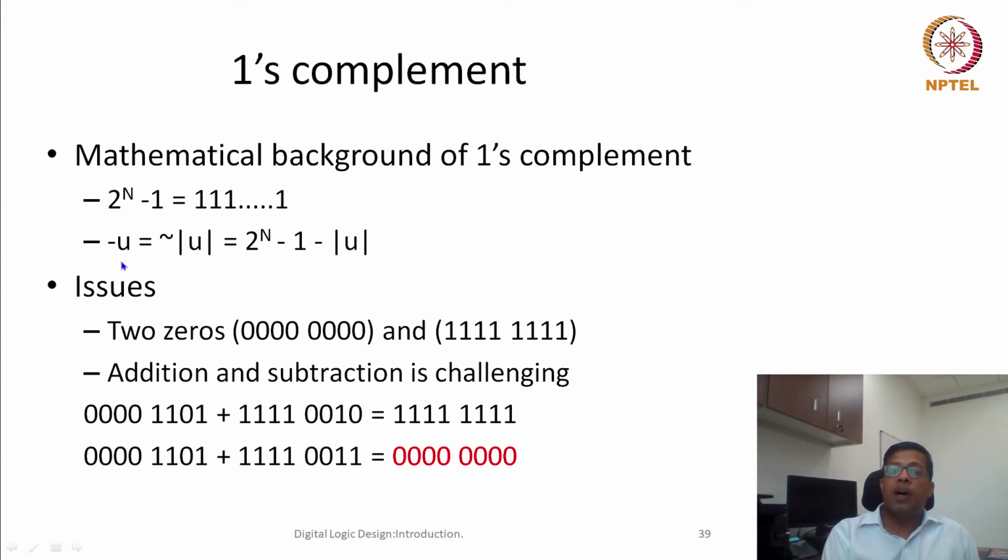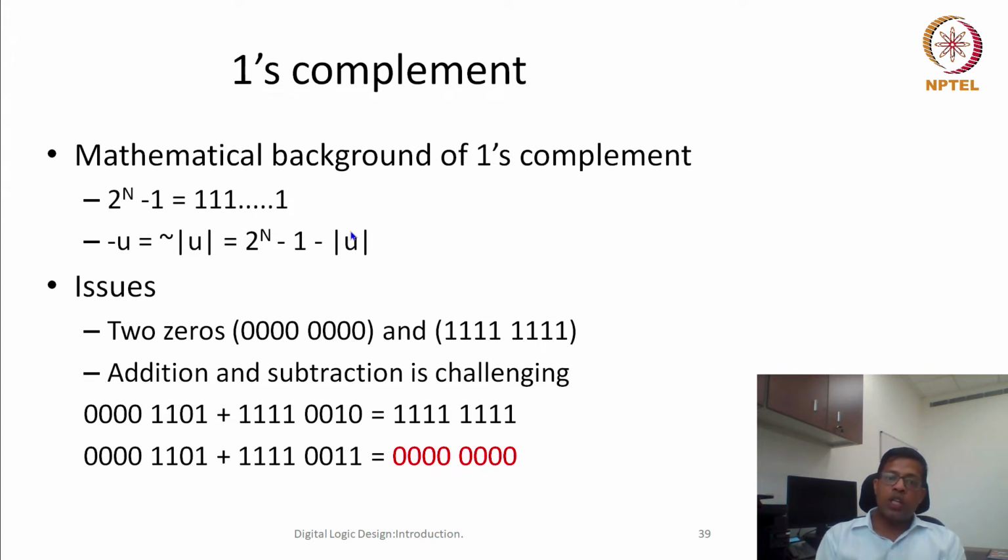And if I want to get a negative number, what I am essentially doing, inverting all the bits, also means I am subtracting the magnitude of this u from 2 to the power n minus 1. So we can say this is the mathematical representation of this negative number.